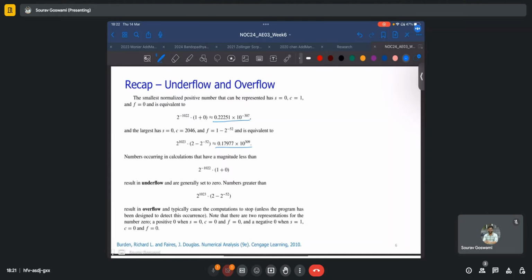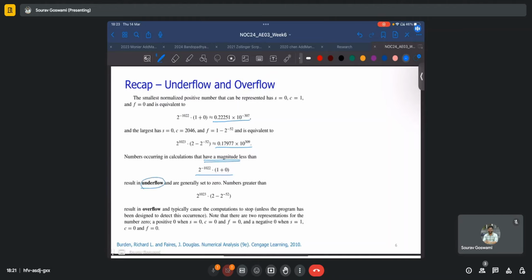Now, any numbers occurring in the intermediate calculation steps that have a magnitude, so sign is not really relevant here, we can deal with either negative or positive, but if they have a magnitude less than 2 to the power minus 1022, they cannot be resolved by the computer and will be set to 0, and this is called underflow.